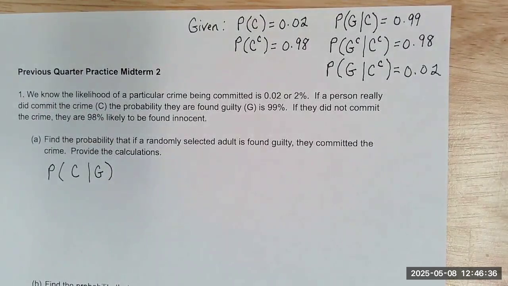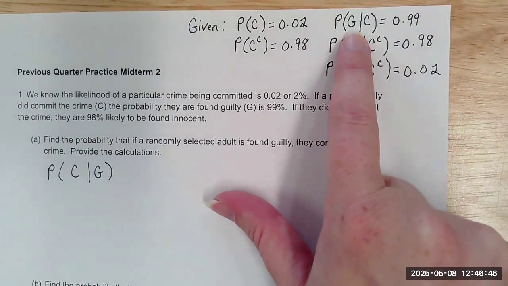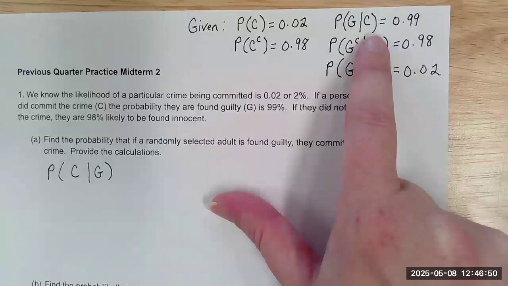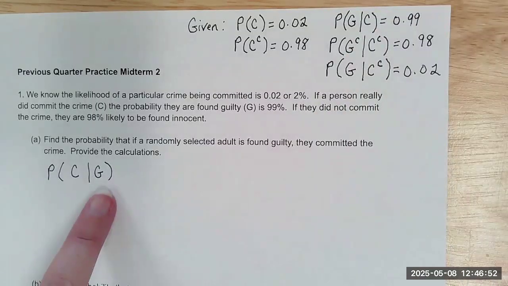So they're asking you for the probability of C given G. Now look up here. One of our givens is the opposite of that, G given C, but they want C given G. That's classic Bayes' theorem. Whenever they're asking you for the opposite of the thing that you have, that's Bayes.